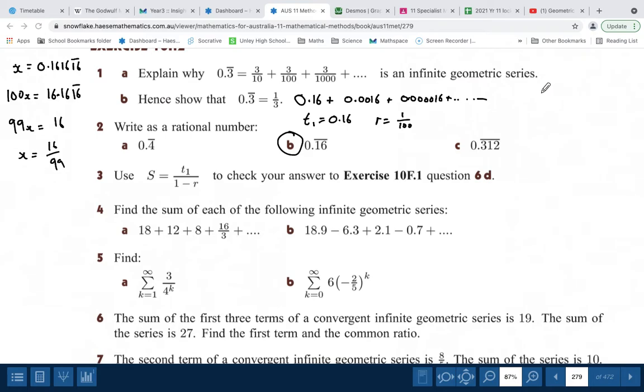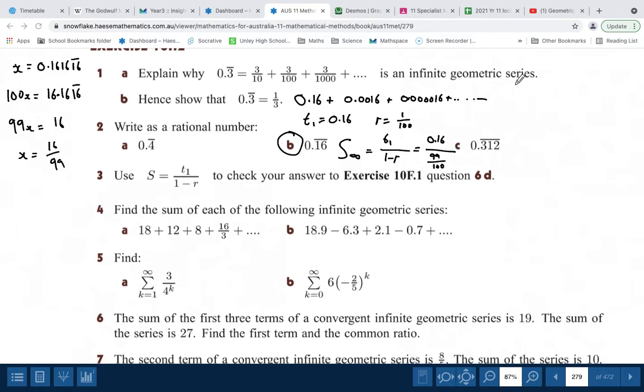It would have to be infinite. So I could say it's an infinite series, T1 on 1 minus R, where T1 was 0.16, and the 1 minus R, well, the R is 1 on 100th, that would be 99 on 100th, right?